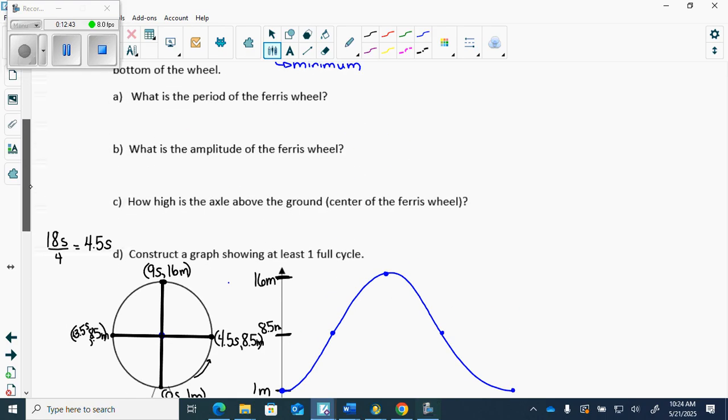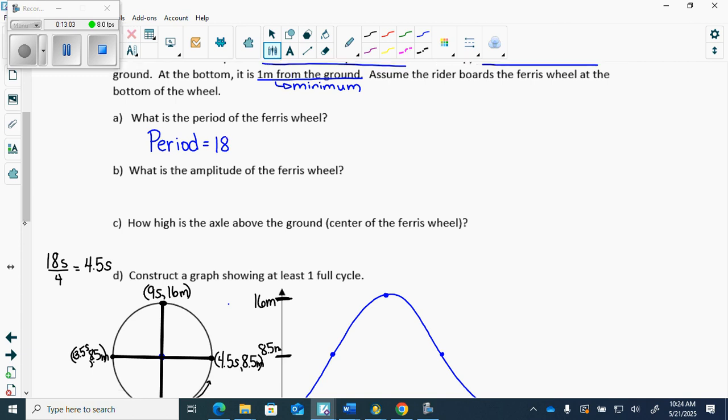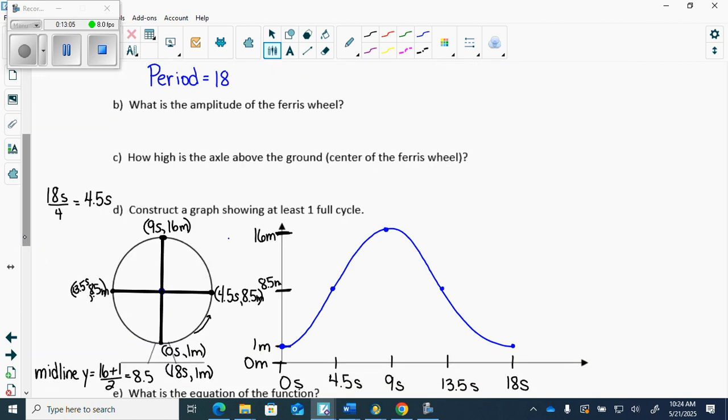Back up to A. A says, what is the period of this Ferris wheel? What was the period? Period was 18, yeah. What is the amplitude? 7.5. 8.5 is the what?